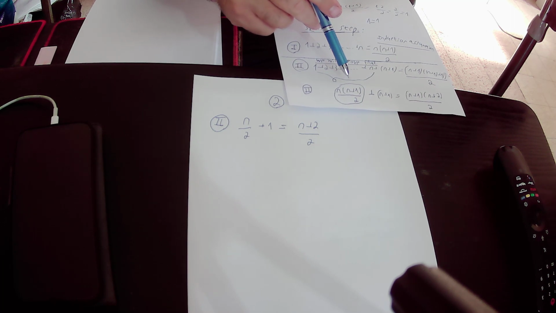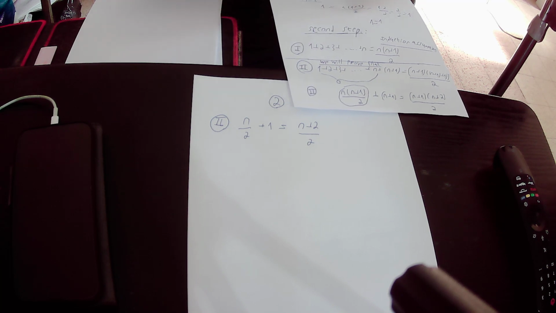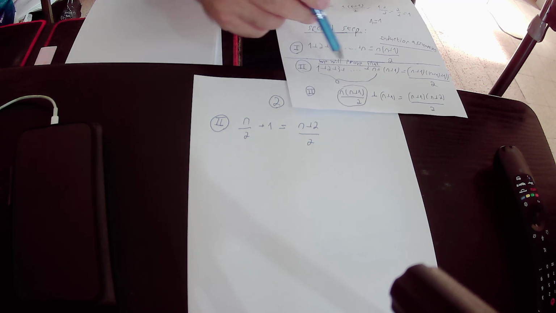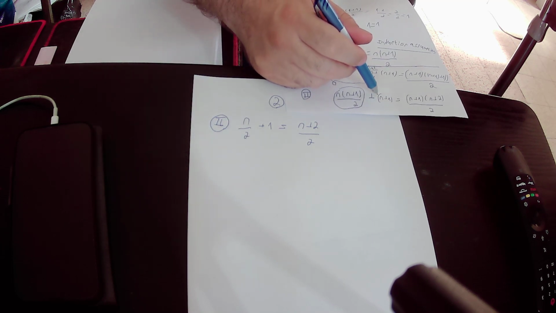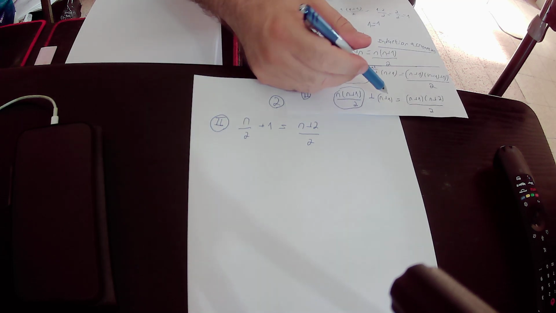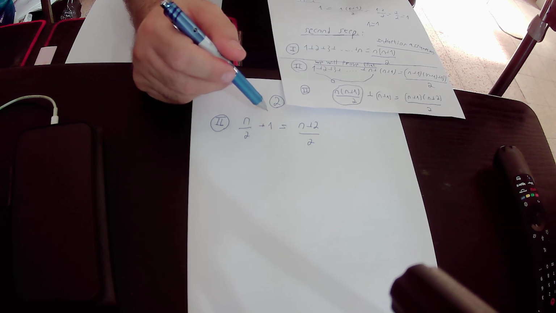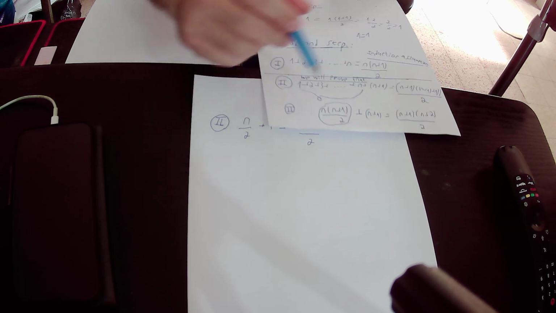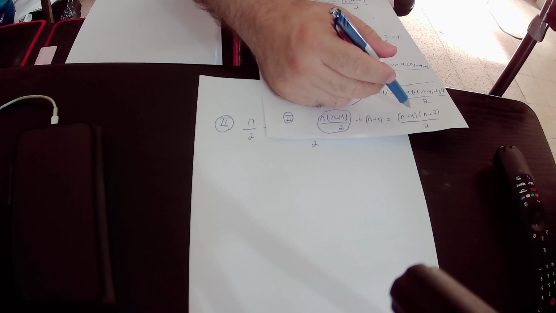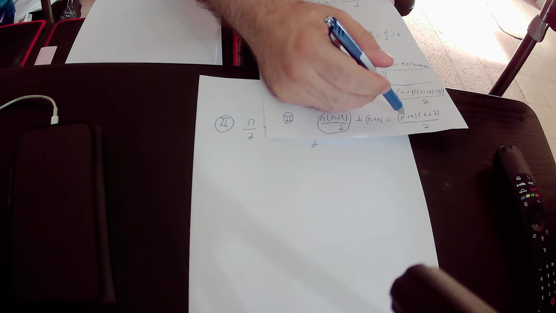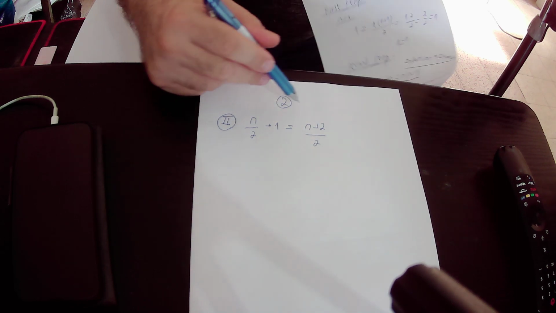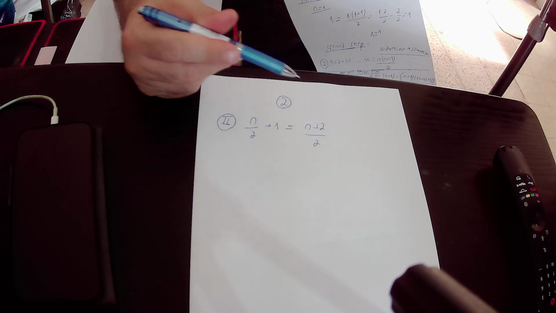When divided by n plus 1, what is left is n divided by 2, and n plus 1 divided by n plus 1 is 1, and n plus 1 times n plus 2 divided by 2, divided by n plus 1, equals n plus 2 divided by 2.